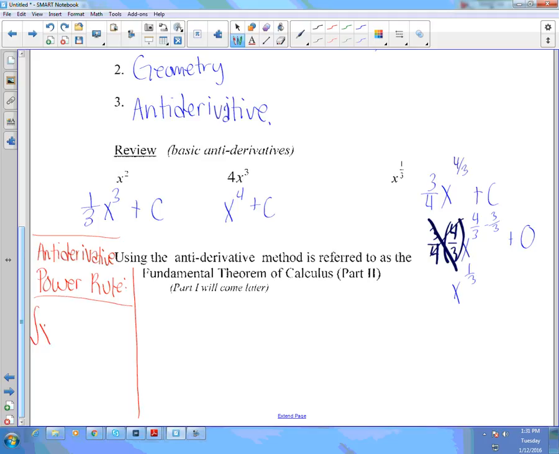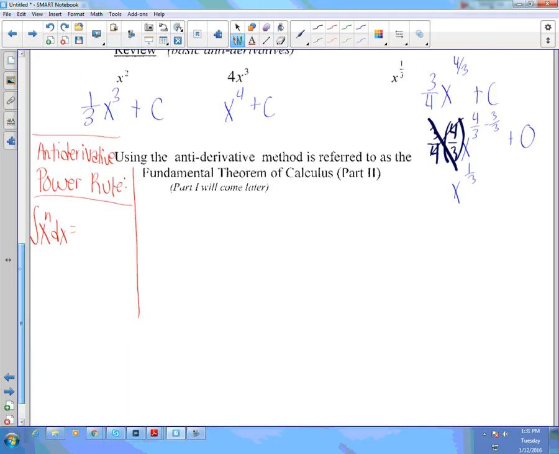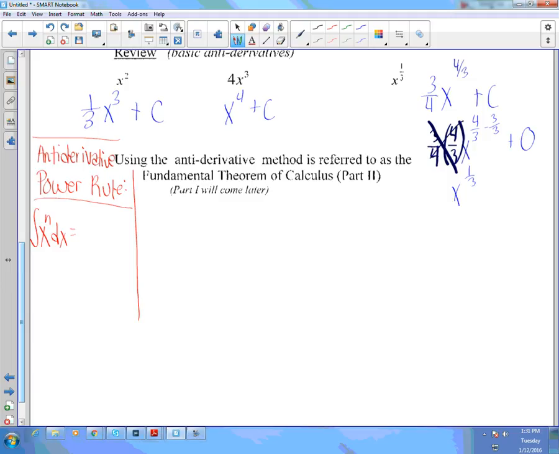Let's start off with notation. The derivative always comes here. We're integrating it. So if a derivative of x to the n, what would a mathematical formula be for any generic antiderivative undoing the power rule?